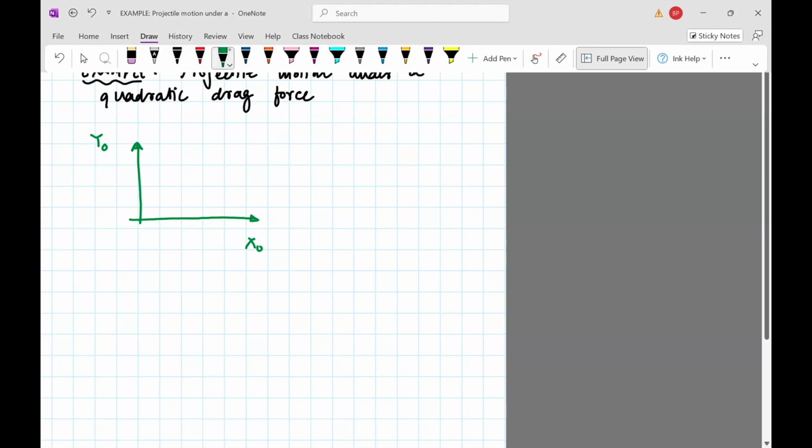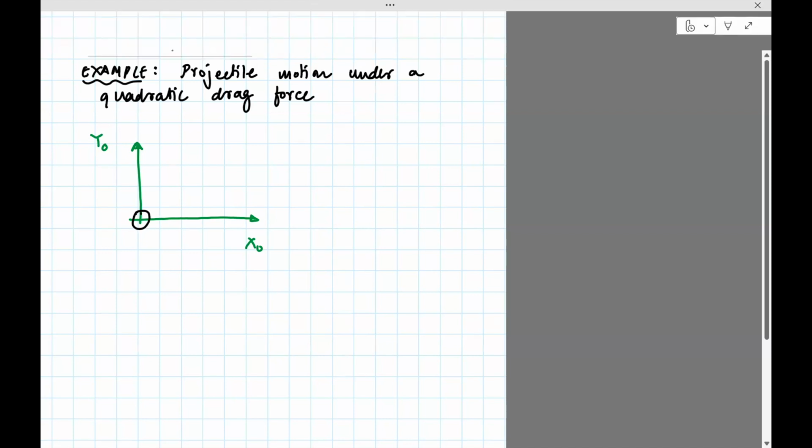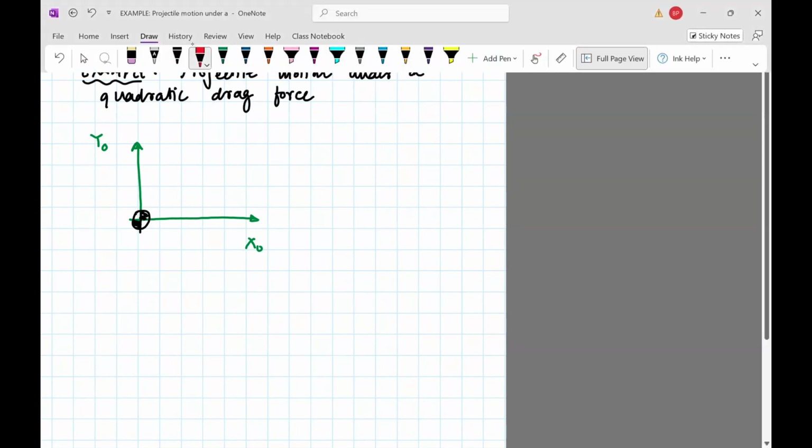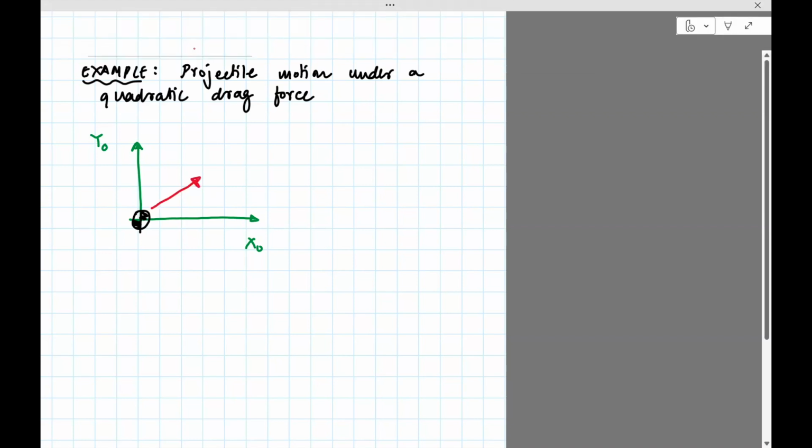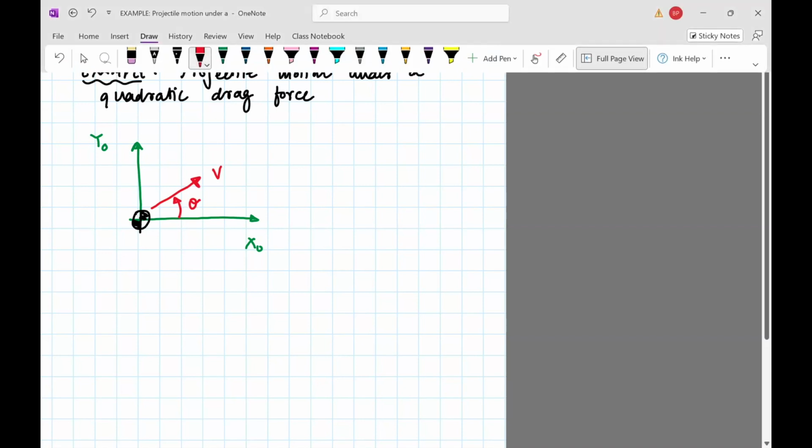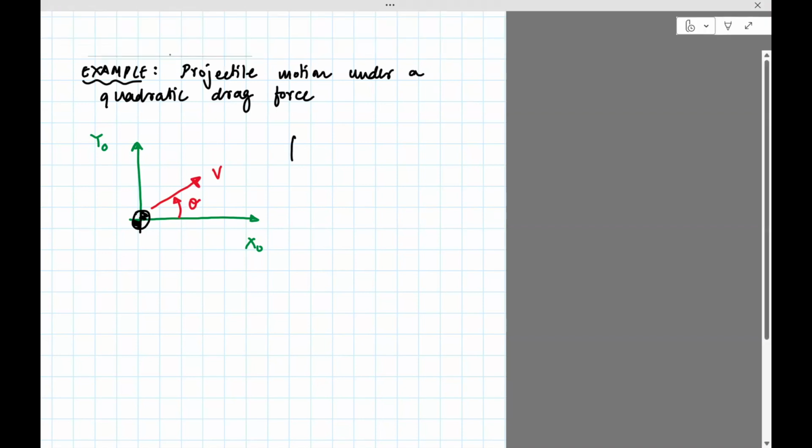Here, I'm just going to put it in such a way that the initial position of the object is exactly at the origin of the x-axis, x0 axis, which is fixed to the Earth. When we launch the projectile, we'll assume that it's launched with a velocity v and angle of theta. And gravity.